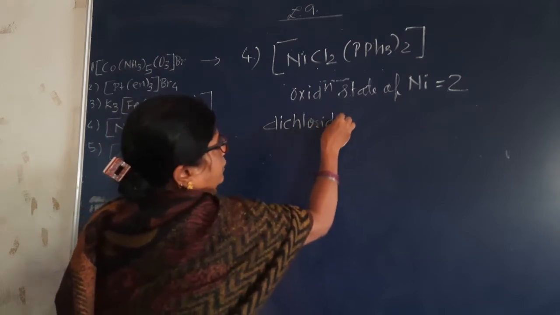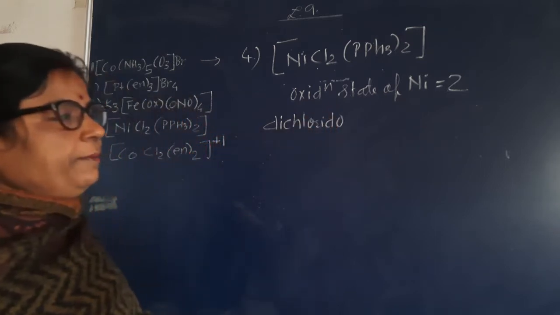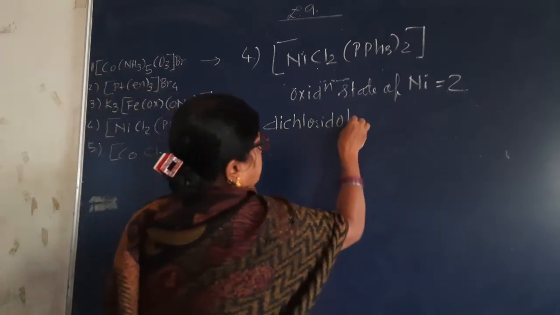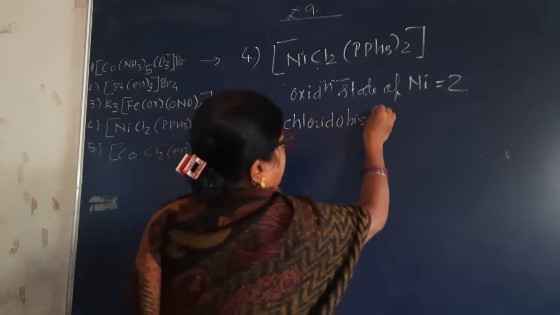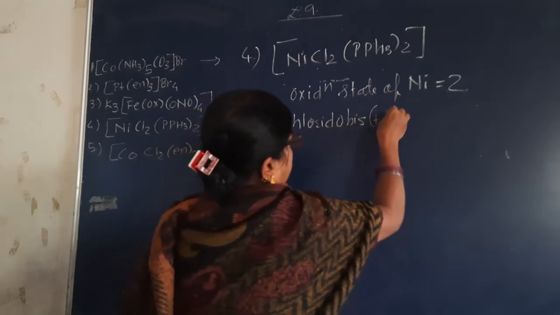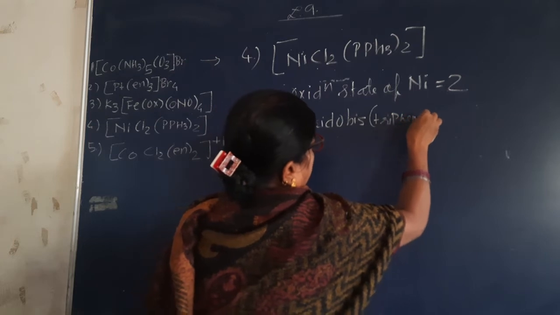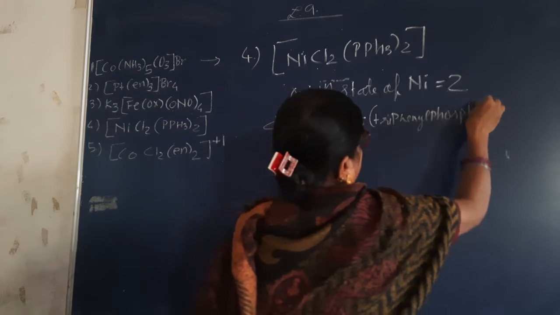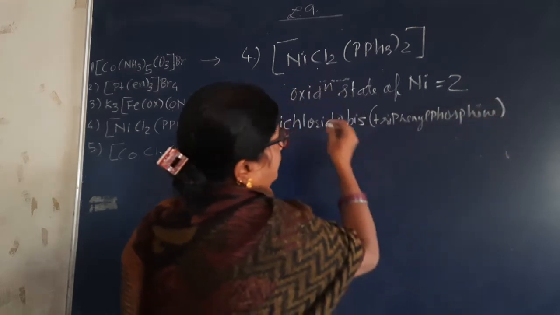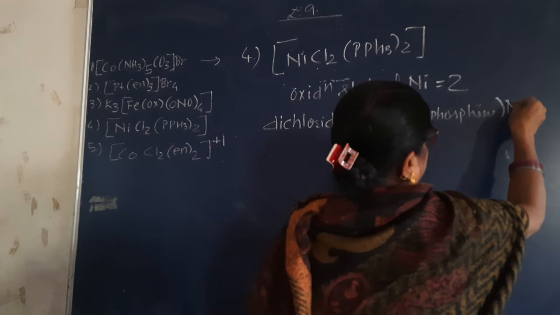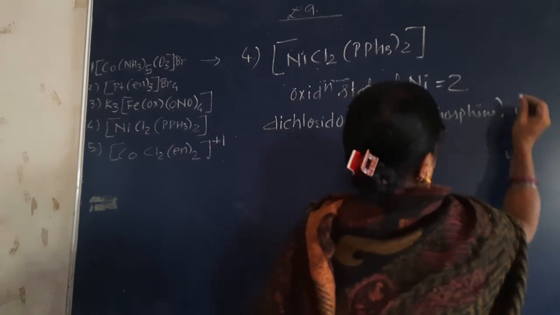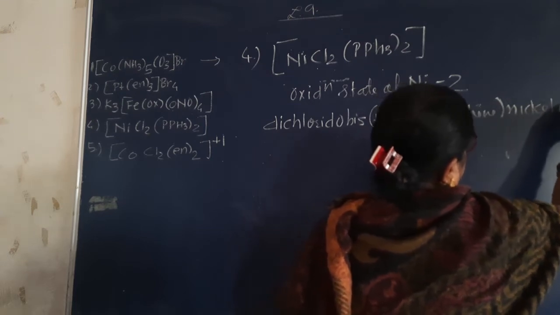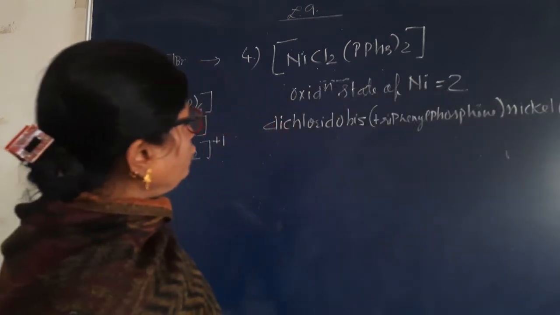Dichlorido, bis(triphenylphosphine), nickel(II).